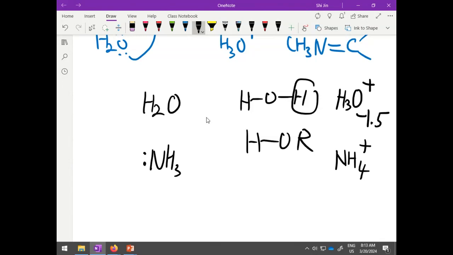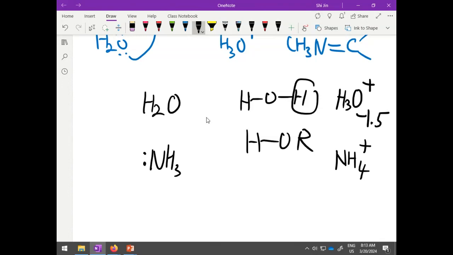And the pKa of ammonium ion, does anyone have a rough idea? Just guess. Should the pKa be higher than hydronium ion or lower than hydronium ion? Higher, okay? Higher because we know these two chemical species are directly comparable.